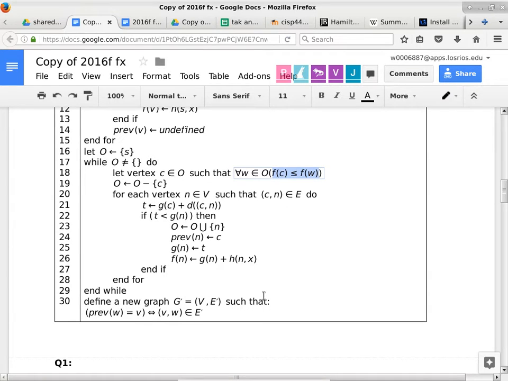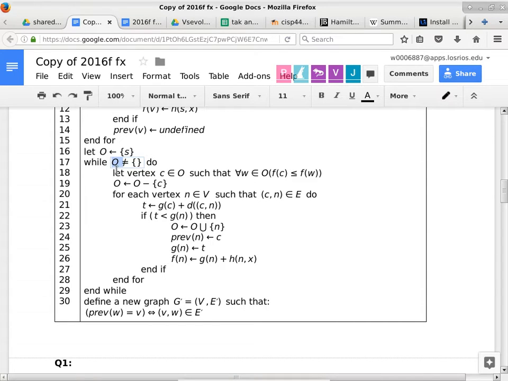Any idea why, if your heuristic is not an underestimate, we can potentially miss the shortest path? Okay, so let's just say that it is a bad one. We evaluate it last, because everything in big O will eventually be explored. We know that because big O has to be empty in order for us to exit the loop.